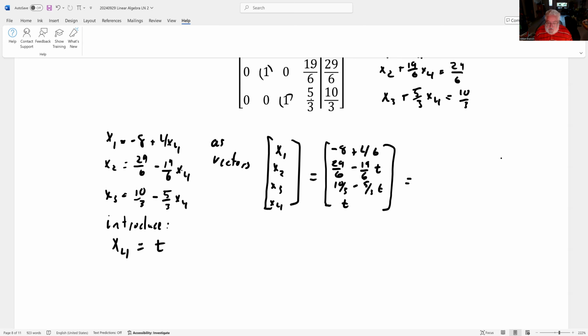So I can break this into two vectors. I'll take all the constants out. So the minus 8, the 29 over 6, and the 10 over 3, and remember x4 is 0 plus t, so we'll take that out. And then we'll add on the terms involving the t's.